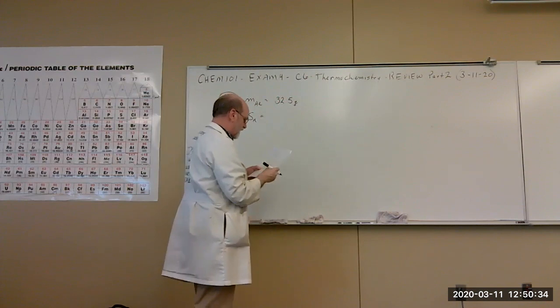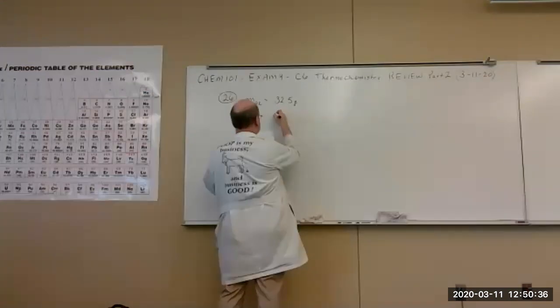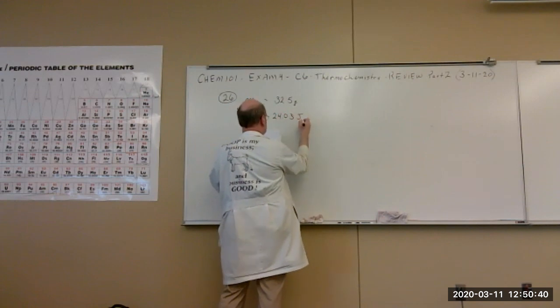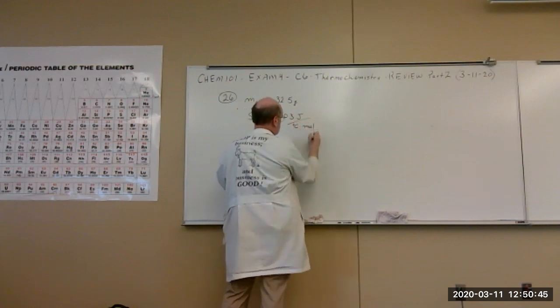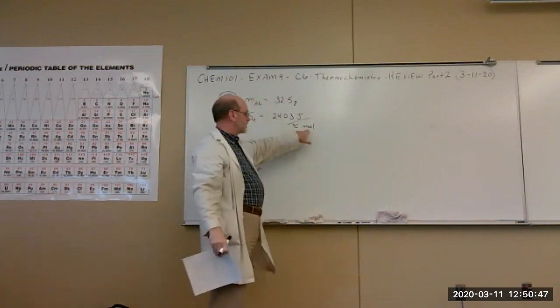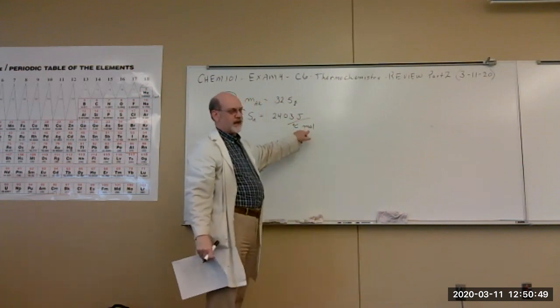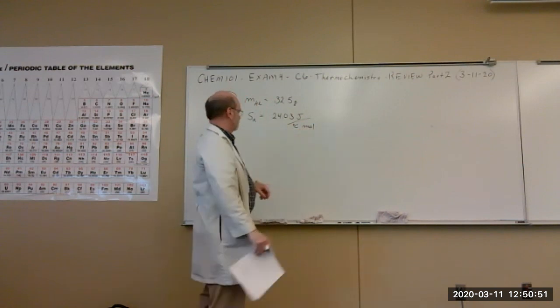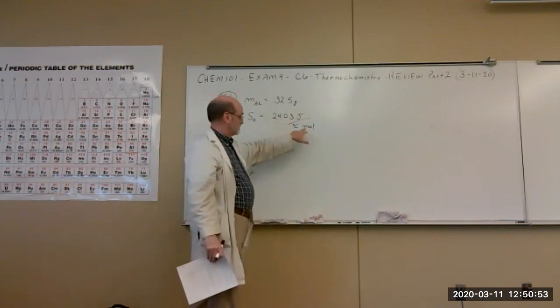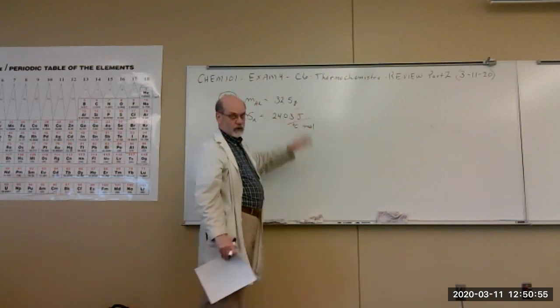The molar heat capacity for aluminum is 24.03 joules per degree C mole. So the only difference is we've substituted moles instead of grams. It'll be a different number, right? Because it's not grams, it's moles.